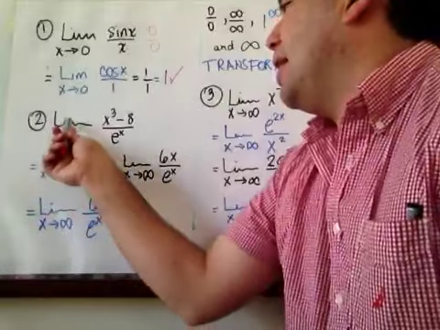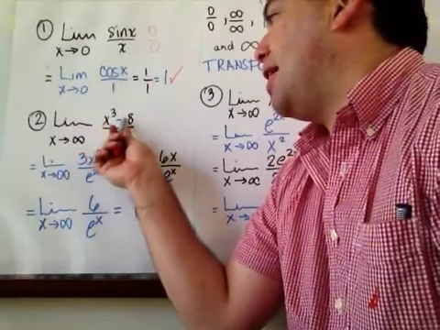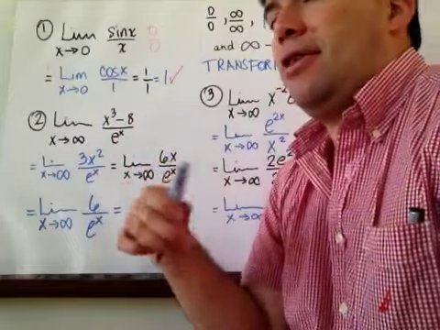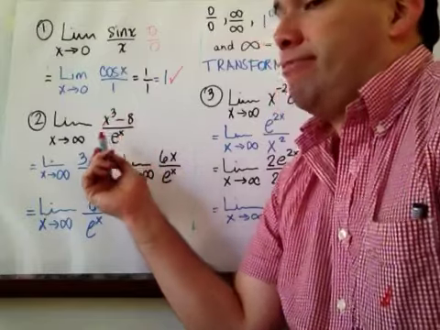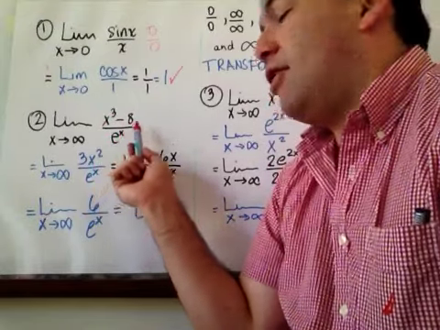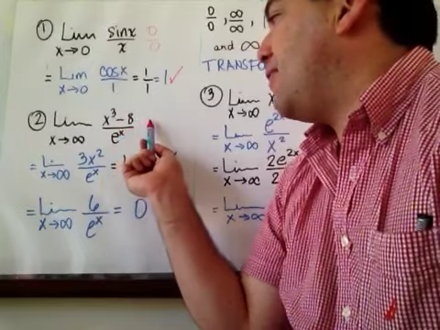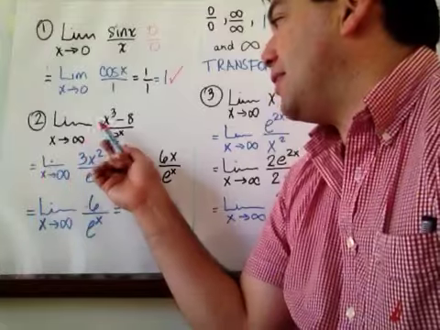Let's see this other one. The limit as x goes to infinity of x cubed minus 8 over e to the x. If x goes to infinity, x cubed goes to infinity. E to the infinity also goes to infinity. So we have infinity over infinity. We can use L'Hopital's rule. Take the derivatives.